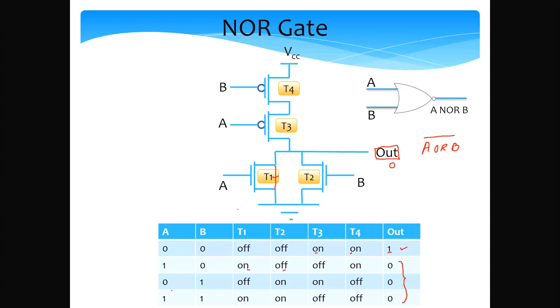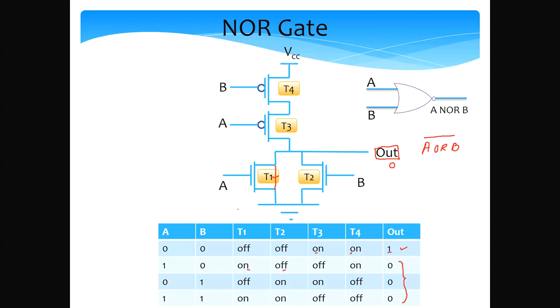Similarly, we can consider the other pair. It's an absolutely symmetric argument here for 0, 1. In this case, when A is 0 and B is 1, T1 is off, T2 is on, T3 is on, and T4 is off. The important point to note is that in this T3 T4 pair, T4 is off.